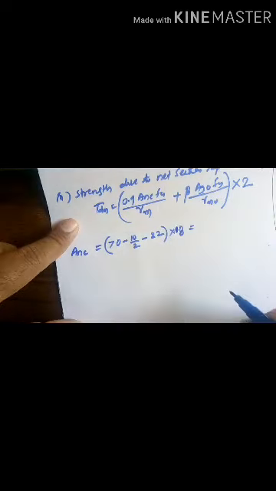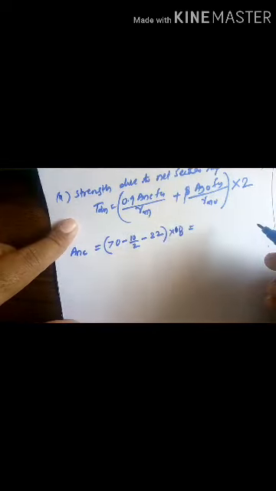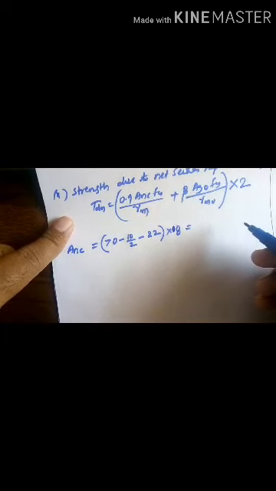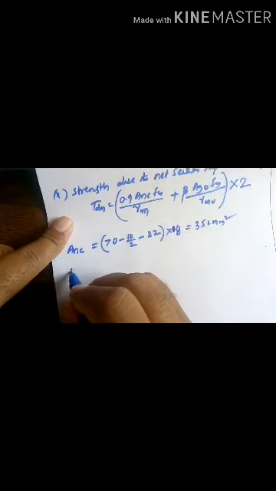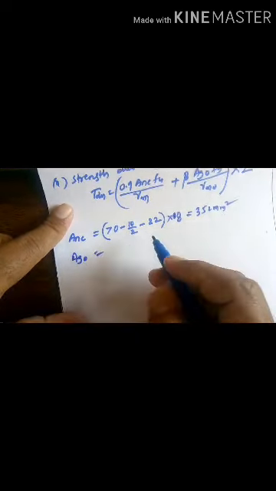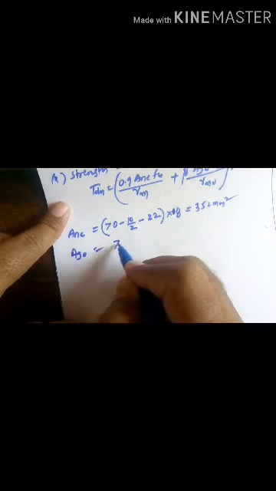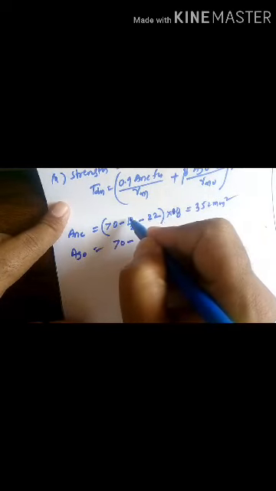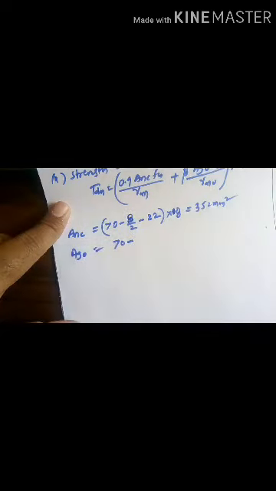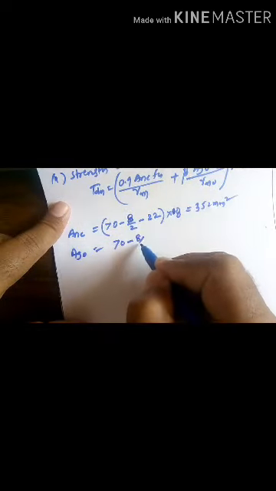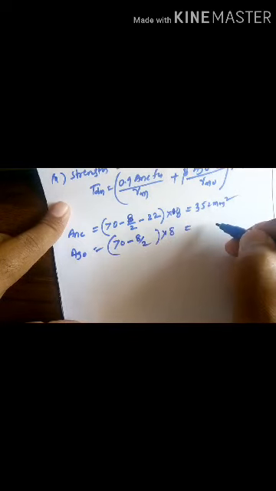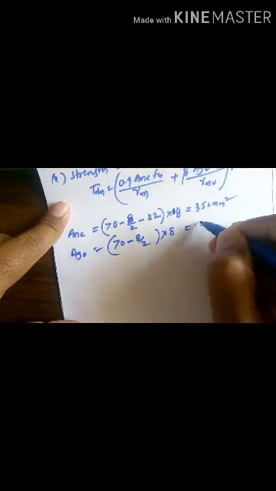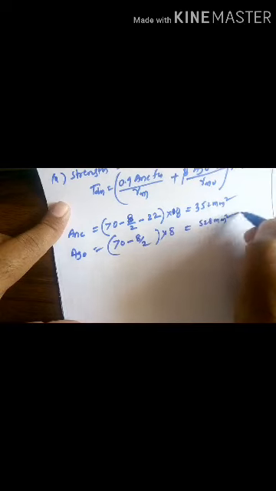We get 352 millimeter square. Similarly, the outstanding leg area is 70 minus 8 by 2, into 8, and we get 528 millimeter square.